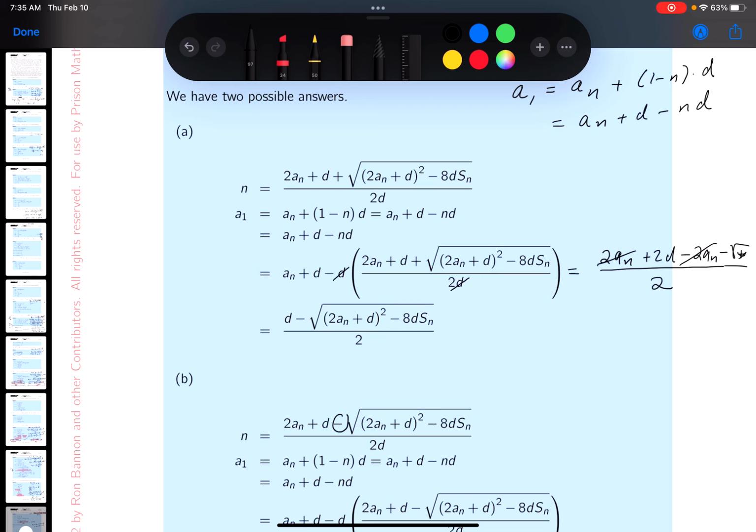And d minus d, I forgot to put the minus d down, sorry about that. 2d minus d is d. Yeah, I'm getting it. So we're going to get d minus that thing over there. So I'm pretty comfortable with that. So I'm going to say I'm good. All right, let's do the next one.